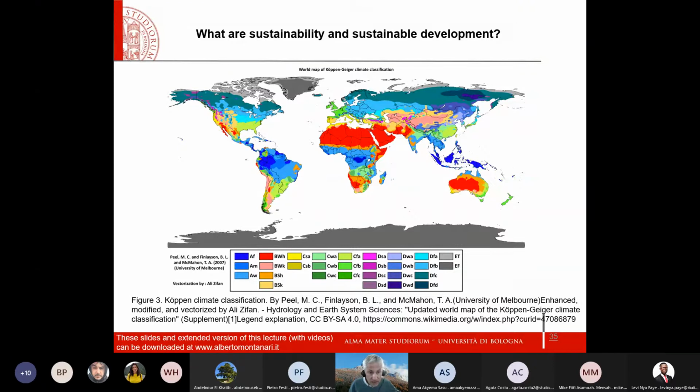The A class is the tropical climate, and then there is a subdivision of the tropical climate in F, which means rainforest, M, which means monsoon climate, and W, which means savanna wet climate. The tropical climate, the A class, is in general very wet.